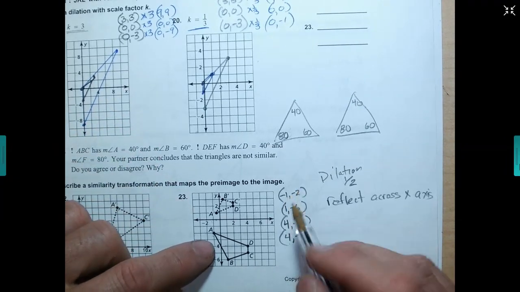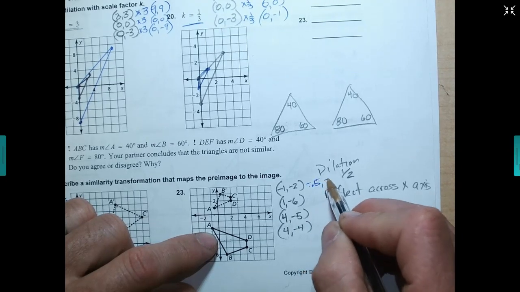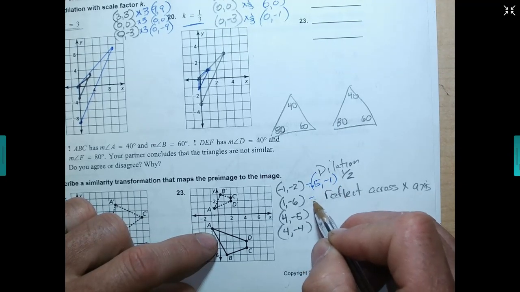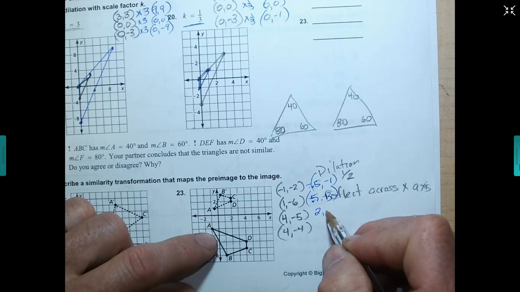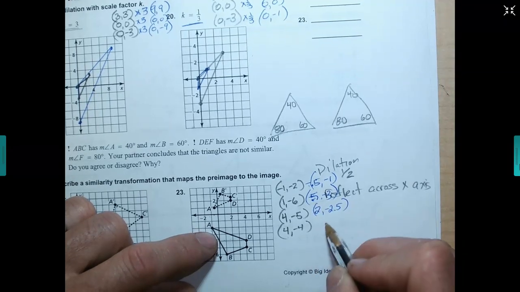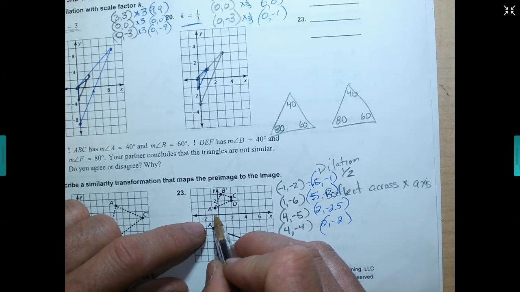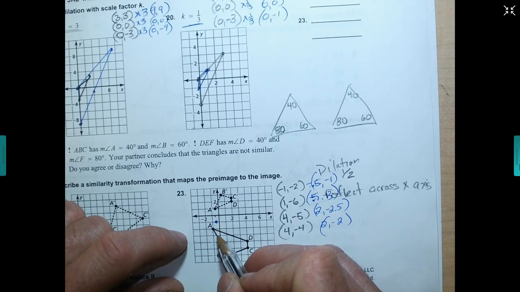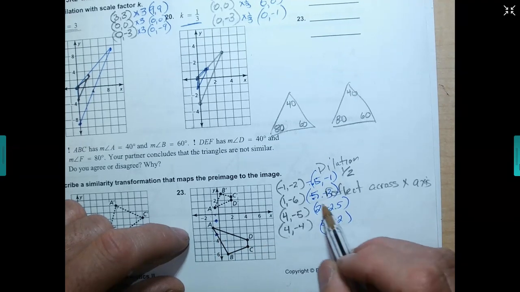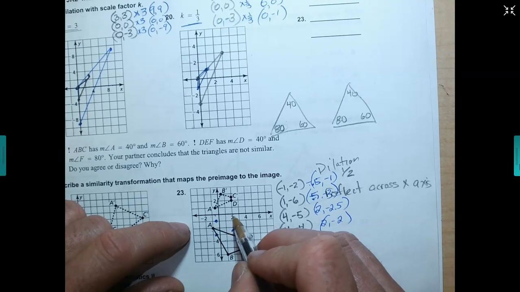So if we did 1/2 of each of these, I would get negative 0.5, negative 1, negative 0.5, negative 3, 2, negative 2.5, 2, negative 2.